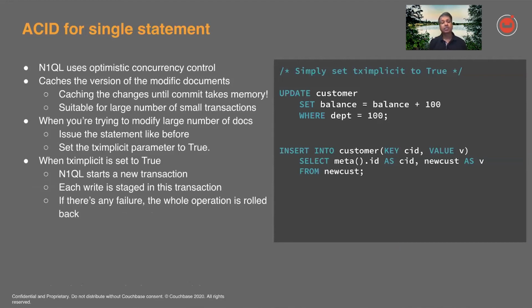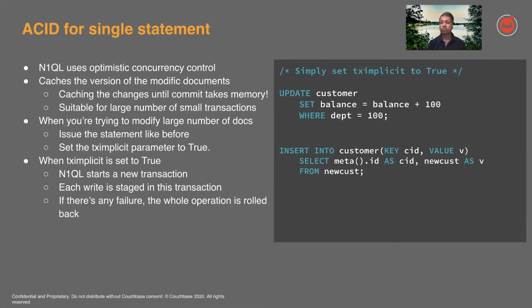But there are cases, for example, in ETL queries, where you would want to update thousands or tens of thousands of documents within a single statement. In fact, this is one of the feedback items for our 6.5 transaction feature from customers.